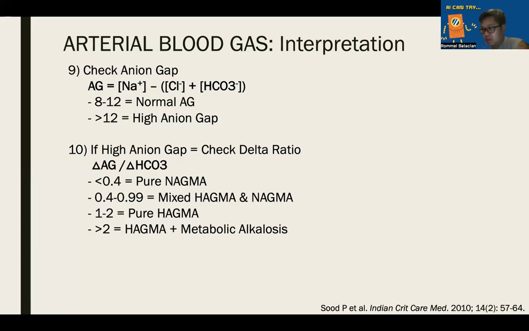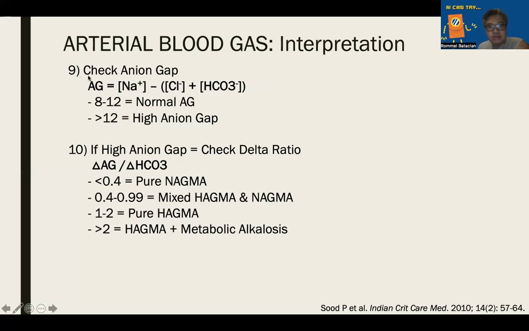Even in healthy individuals, because those anions are not measured. But if you take that into consideration, the amount of anions plus the amount of chloride and bicarbonate is relatively the same as the amount of the cations, which is primarily the sodium cations.